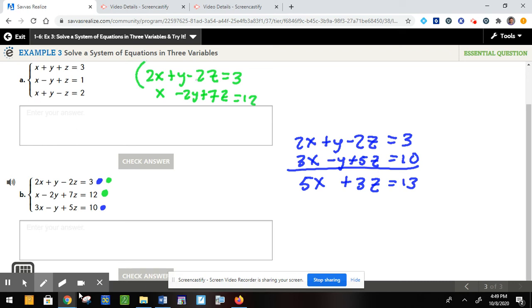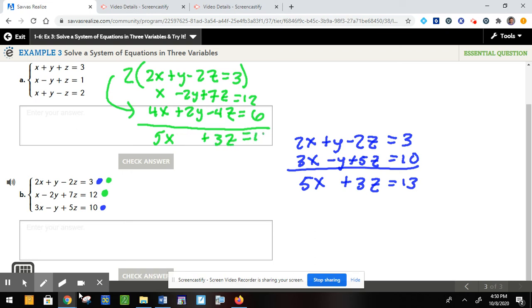I'm going to multiply the first equation by 2 in order to get the y's to eliminate. Rewrite that down here. So now I've got 4x plus 2y minus 4z is equal to 6. Now when I combine them, I get 5x. Y's eliminate. Plus 3z. That's equal to 18.